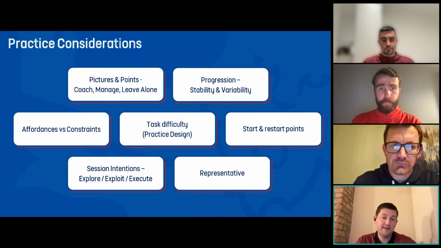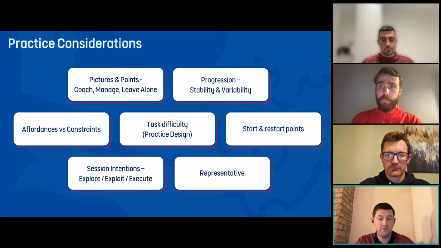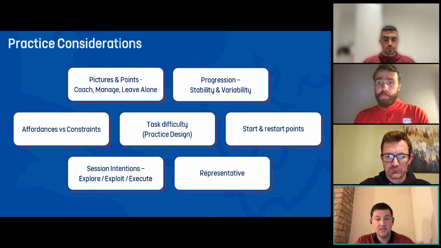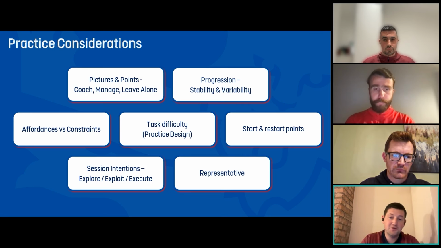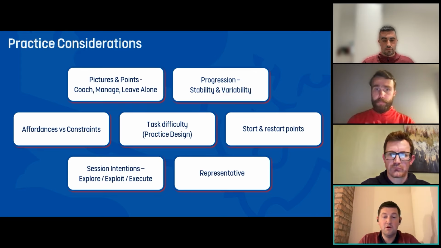How do you then land that into, as Sean's put there, which session you're going to choose to do it with at which time, and also recognize that the players, it might take time for this stuff to land and take forwards. But if you're thinking about all of these things within your practice design, practice considerations, and more importantly, what do those young children or adults who you're working with, what do they want from the session?